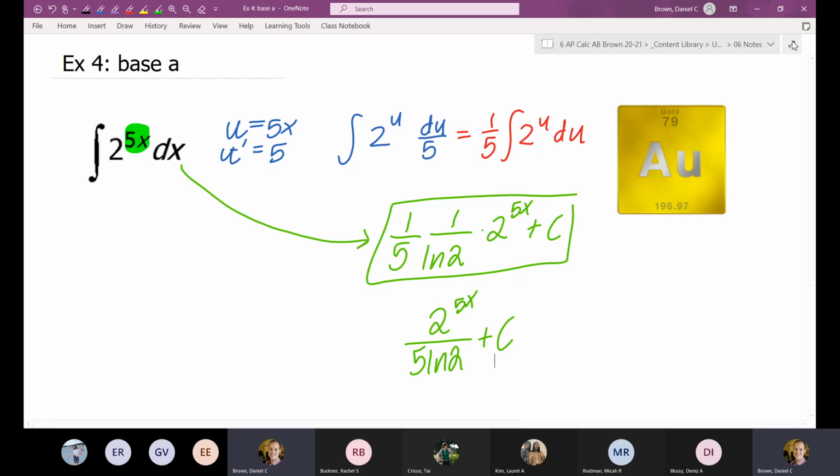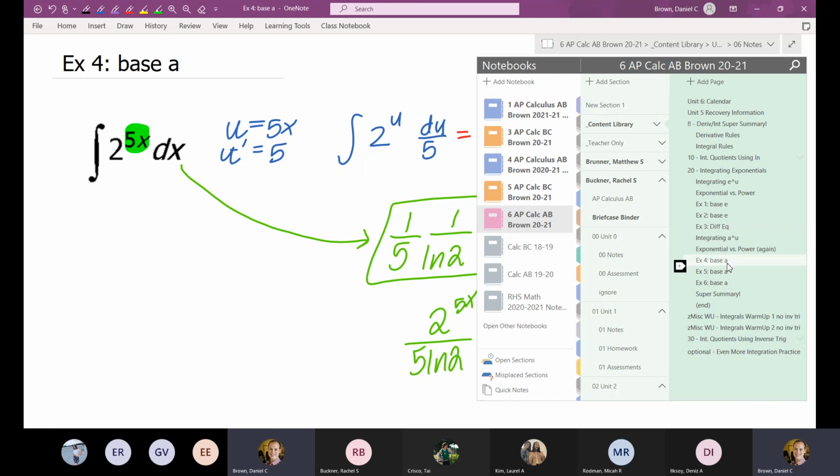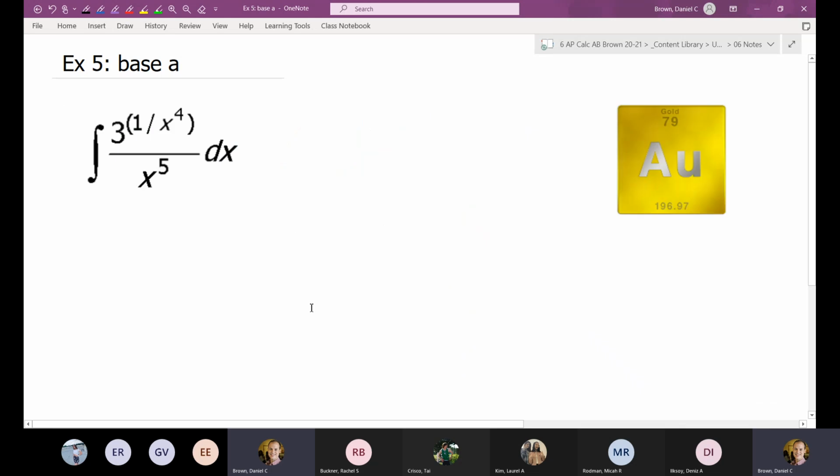All right, let's get a little bit weird then. There's a scary one. I have the integral of 3, and to be clear how I typed that in, that's 3 raised to the 1 over x to the 4th. So all that is inside the exponent of the 3. And then all of that is divided by x to the 5th.